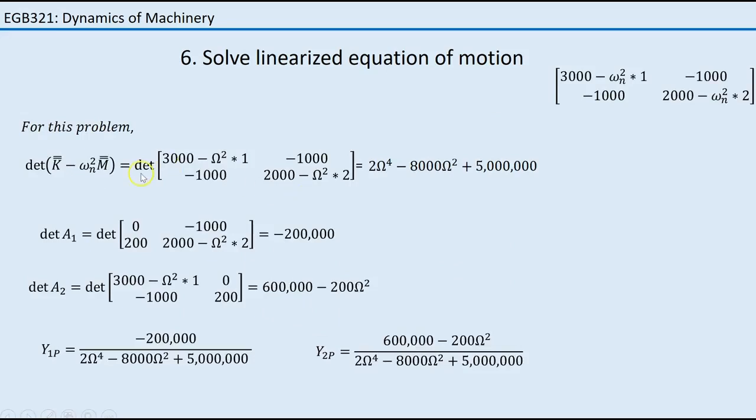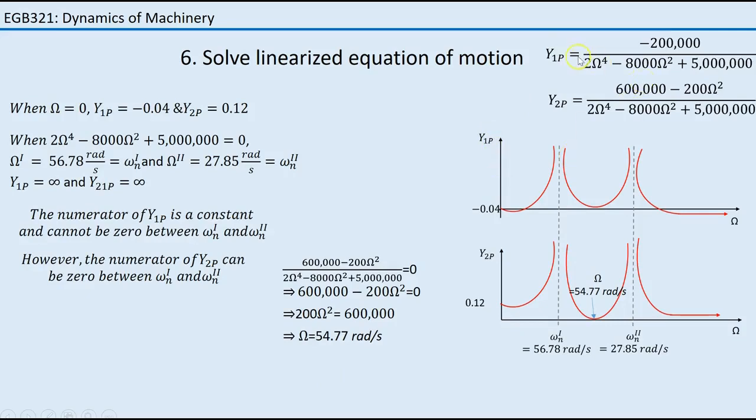Now once we get all the determinants, in these slides you can see omega, capital omega. Capital omega denotes the force frequency. Once we get all the determinants of these matrices, we just replace these values into y1p and y2p, and the expression becomes like this.